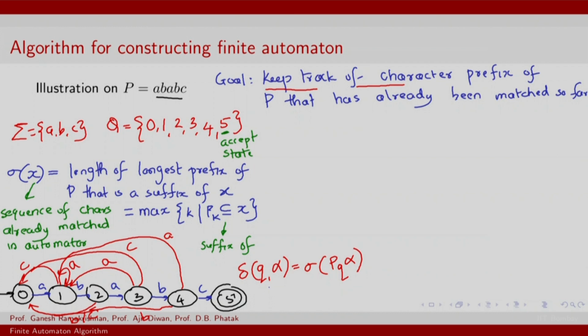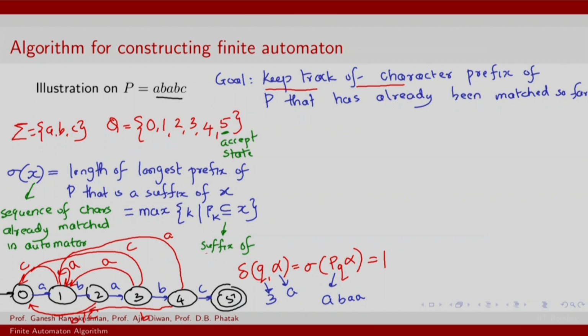So when you are at state 3, the Q is 3, the PQ is ABA. Now corresponding to different values of alpha, you have different transitions. So an alpha of A takes you to ABAA, for which the corresponding sigma value is 1.